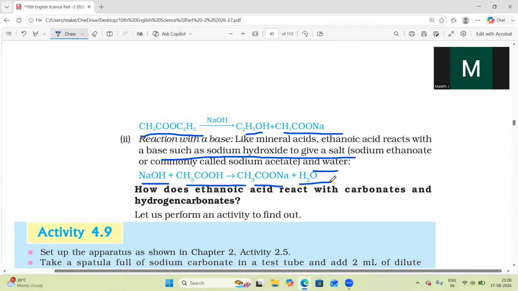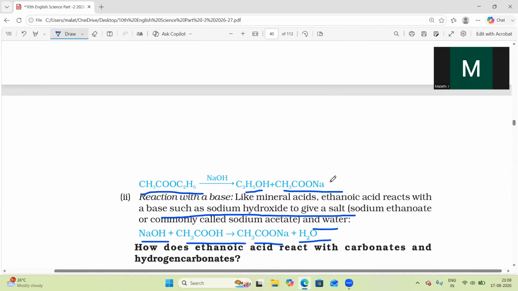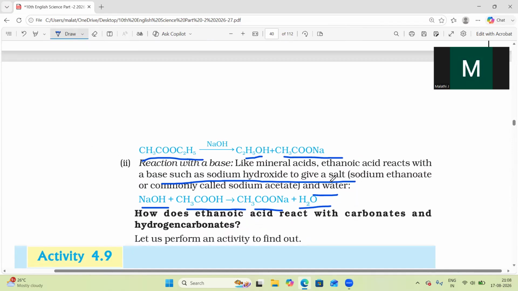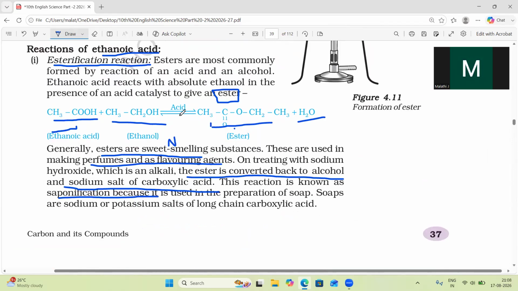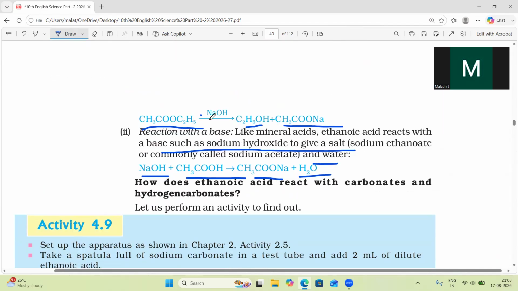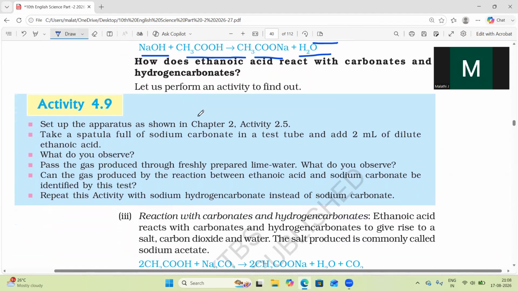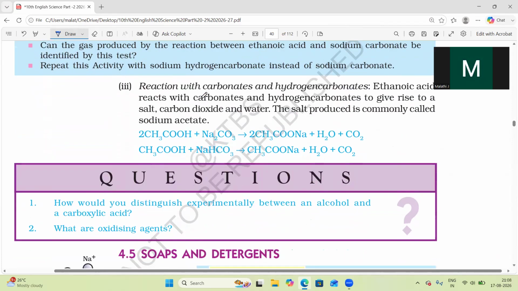So we know that the opposite reaction of esterification is called the saponification reaction. In this saponification reaction, instead of using H2SO4 acid, we have to use NaOH.